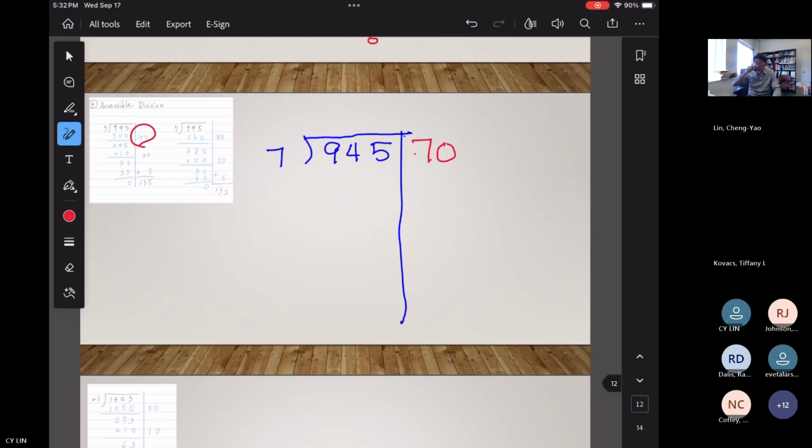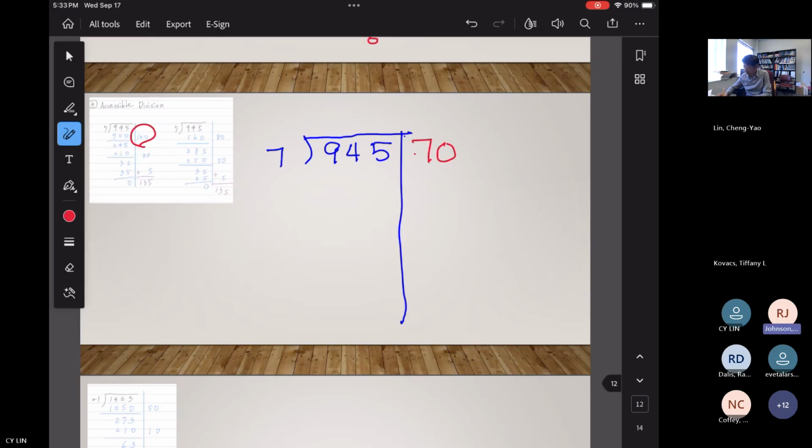Okay, I'll give you a minute to try. 135. Does it work for you?